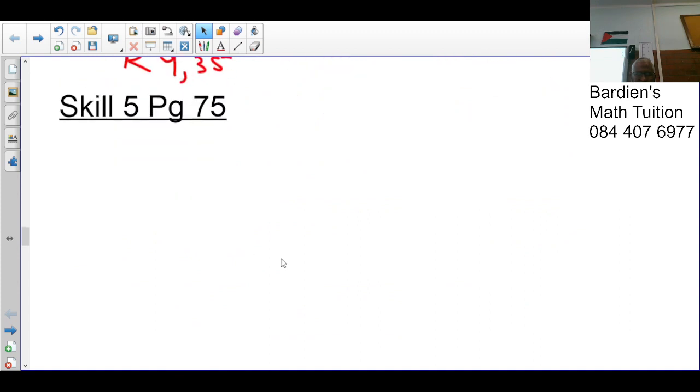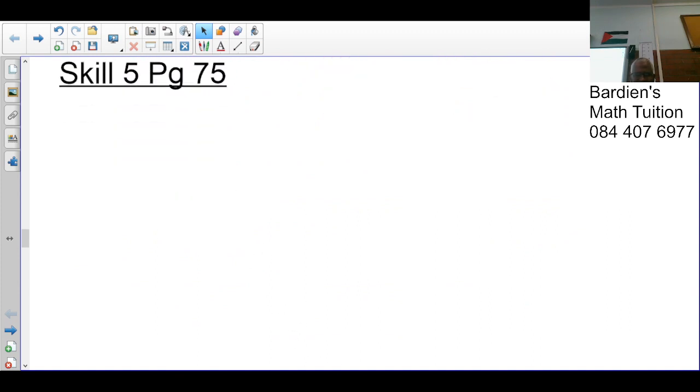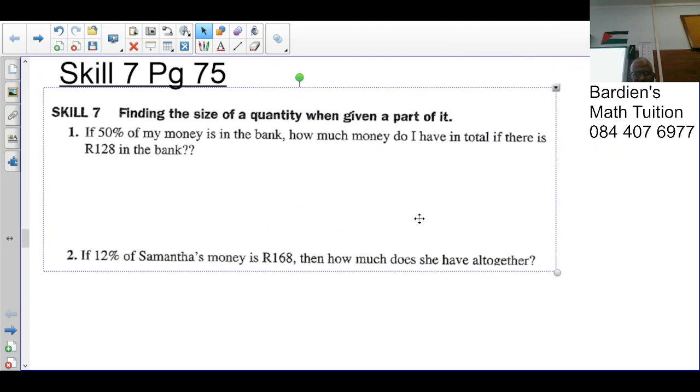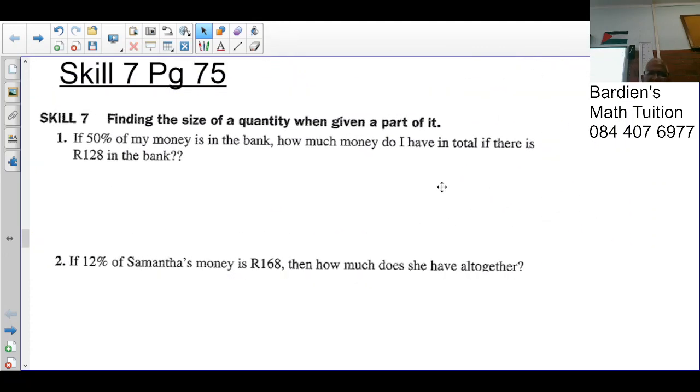Okay. So let's look at skill 7 now. In skill 7, they say finding the size of quantities when given a part of it. 50% of my money is in the bank.